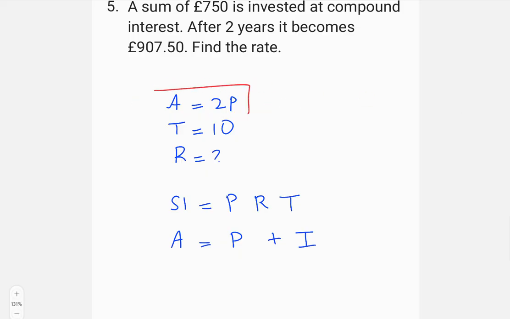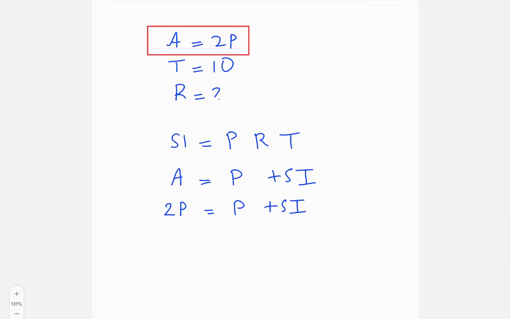So A equals 2 times the principal. So instead of writing A, I'm going to replace it with 2P, and then this is again the principal, and then this is the interest. Interest means, you know that we're talking about simple interest, so obviously it's going to be the simple interest. So what I'm going to do is move this P around and make this simple interest the subject. Why?